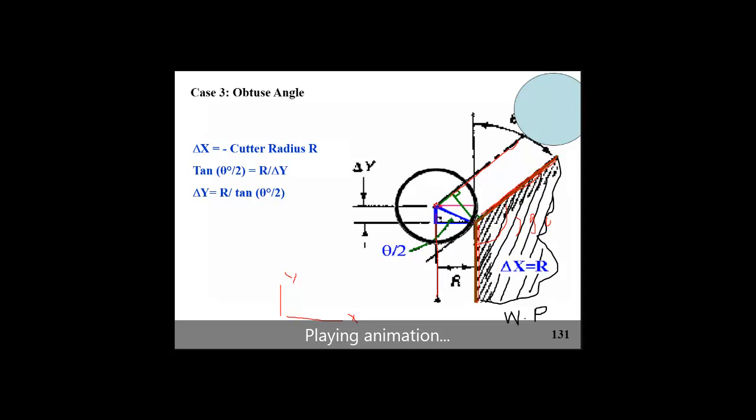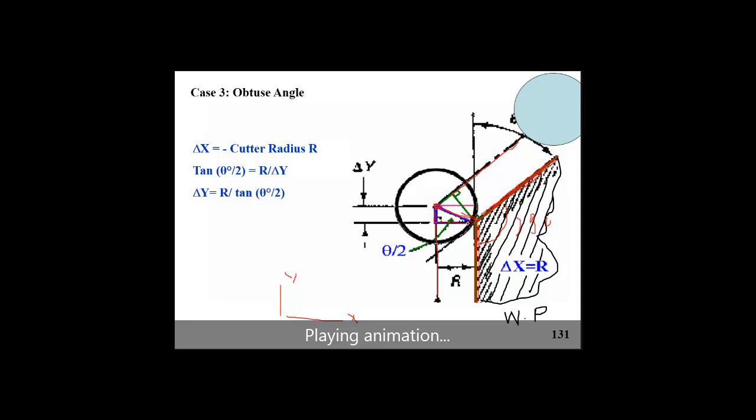Again, that point represents the center of the cutter to avoid wrong cut in the workpiece. We connect these two points, and that line represents the chord of a right angle triangle. So we try to create two right angle triangles. The one below is one of these triangles.